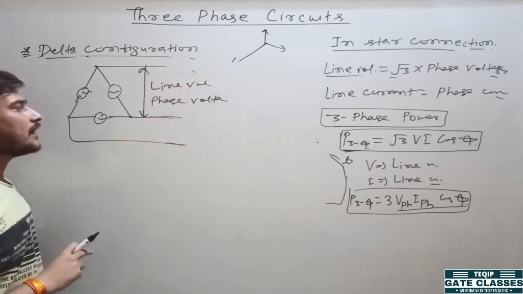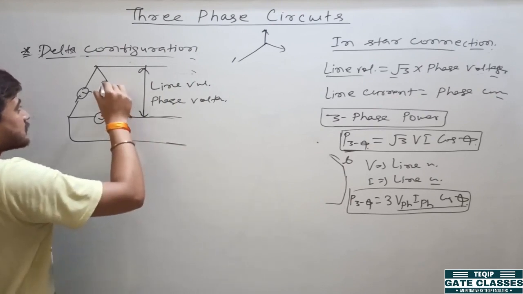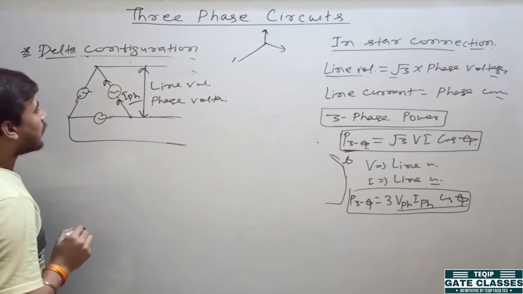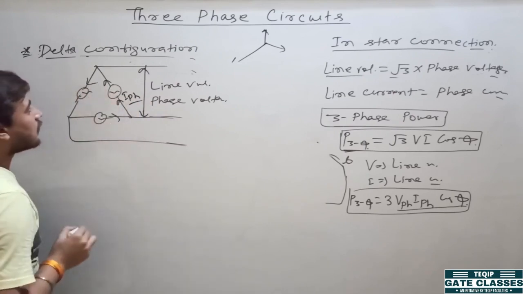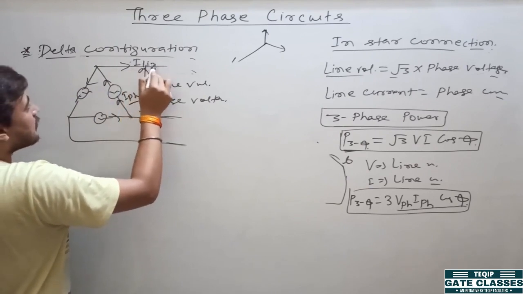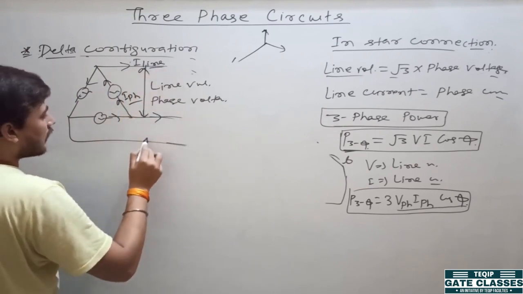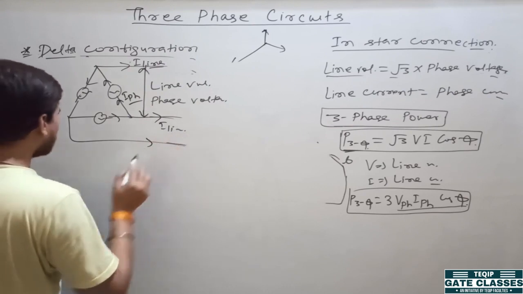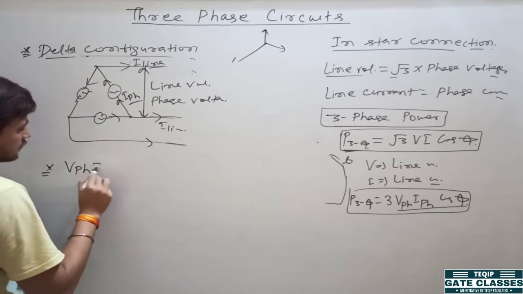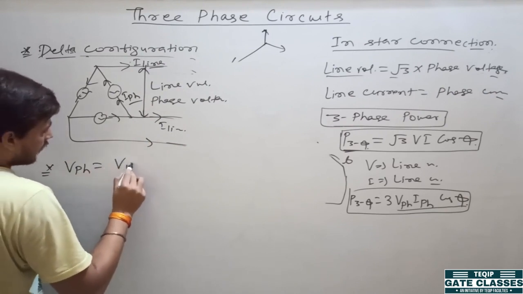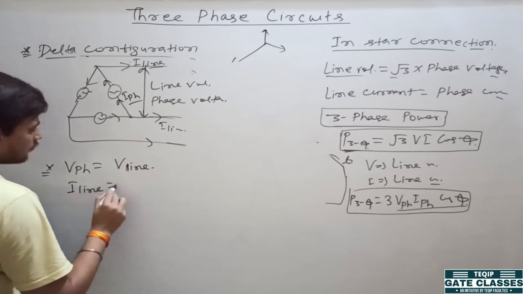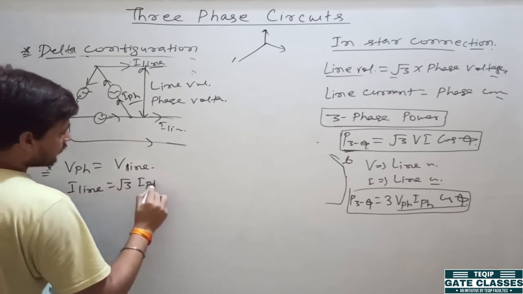Now what about line current and phase current? See, this current is called phase current because it is flowing through the winding. These currents are phase current, but here what do you see? Line currents are different. This is I line. So here you write in delta connection VPH is equal to V line and I line is equal to root 3 into IPH.